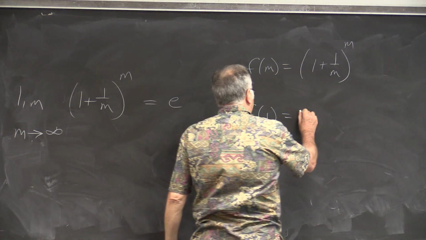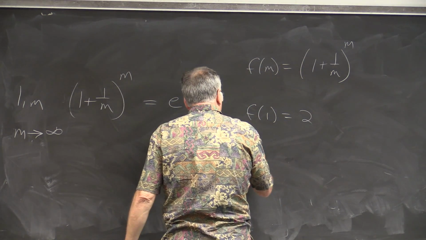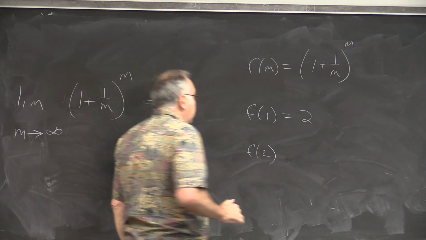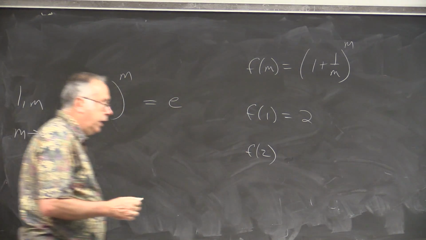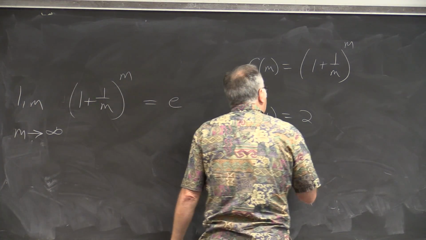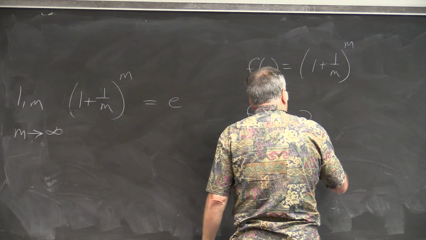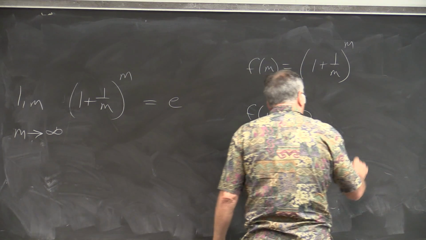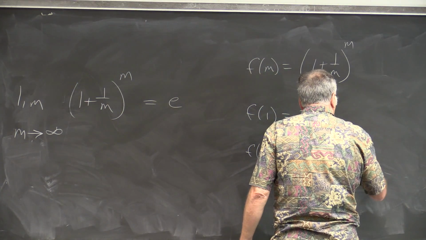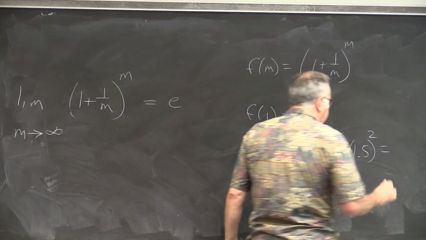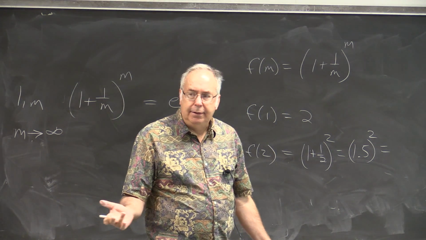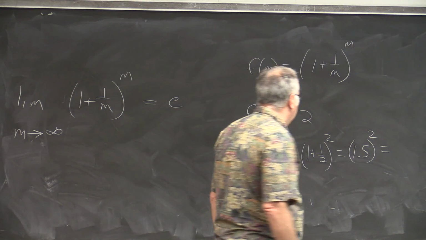This is 2. Suppose m equals 2. Then we would have, and you can help me out here, 1 plus 1/2 squared. In other words, 1.5 squared, which is 2.25? Yep. Right, 2.25.